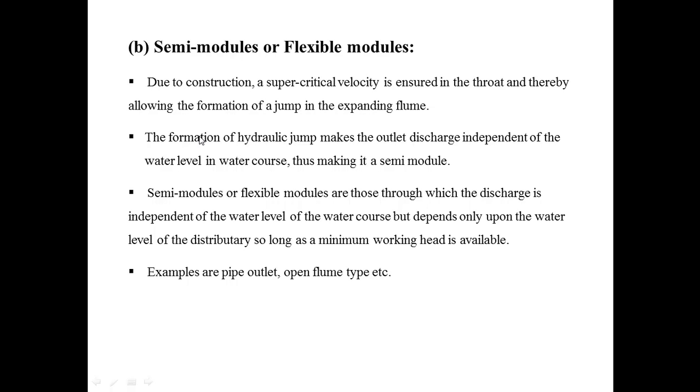Semi-modules or flexible modules are those through which the discharge is independent of the water level of the water course but depends only upon the water level of the distributary so long as a minimum working head is available. Examples are the pipe outlet, open flume type, etc.